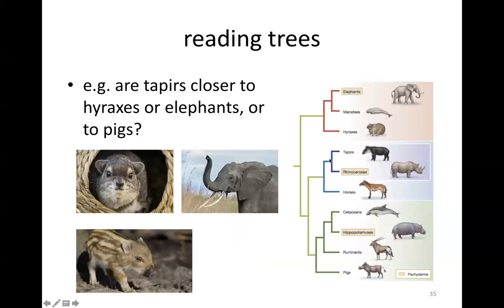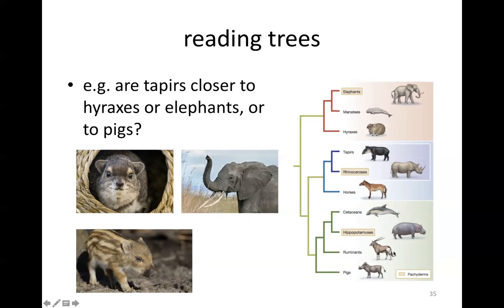So, a small exercise here. Look at the phylogeny of so-called pachyderms, rhinoceri, and hippopotami. And as you see, hippopotami are related to cetaceans, dolphins and whales, and other ruminants and pigs.